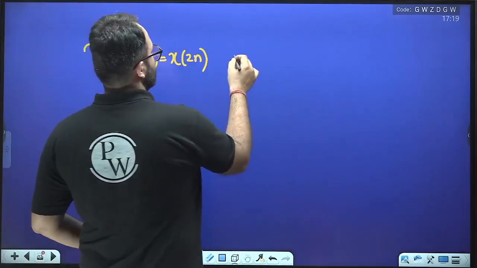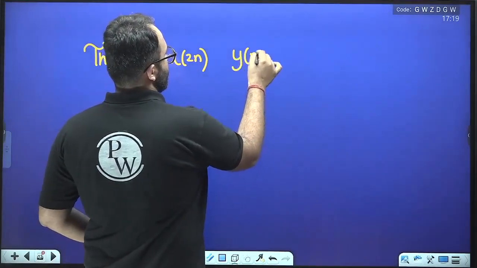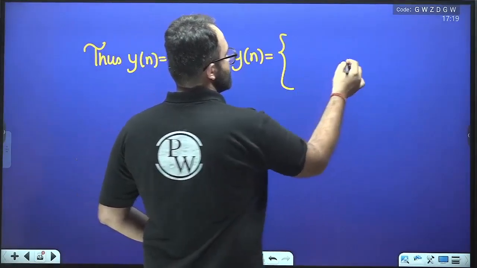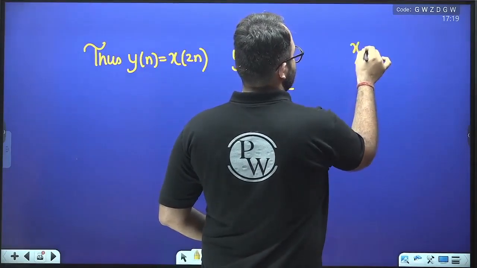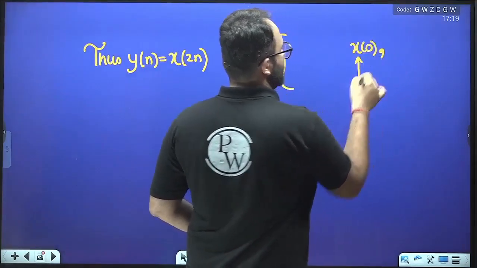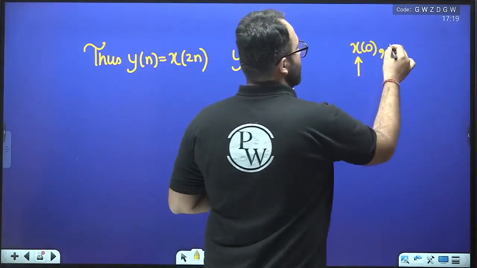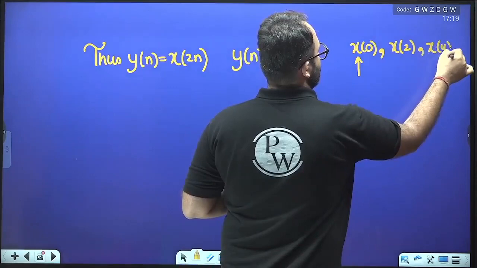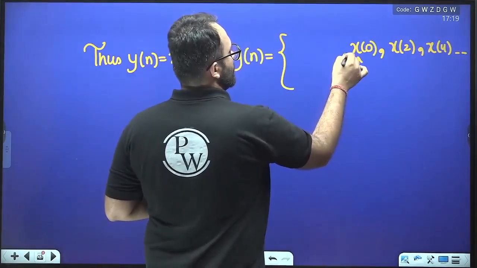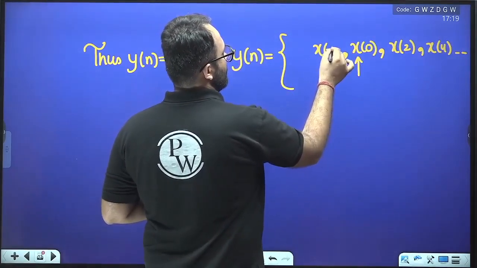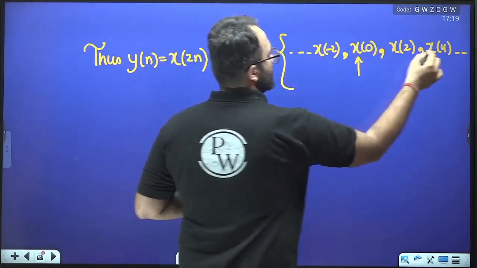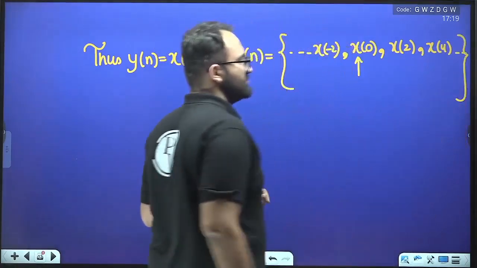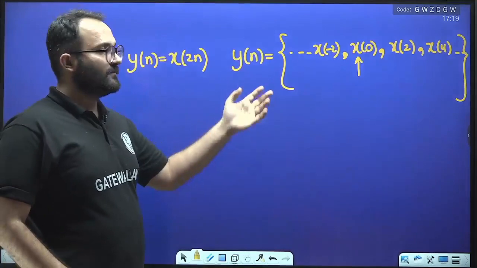At the 0 location we will get x0, at n equal to 1 we will get x2, at n equal to 2 we will get x4, and so on. Similarly, we will get x of minus 2 and so on. This is how we get the signal yn.